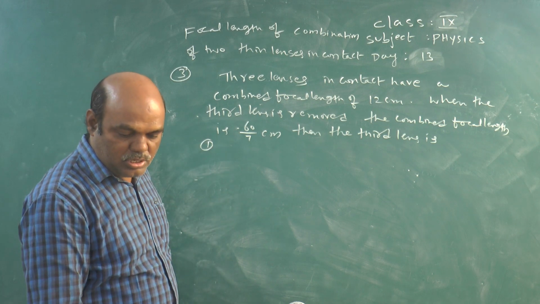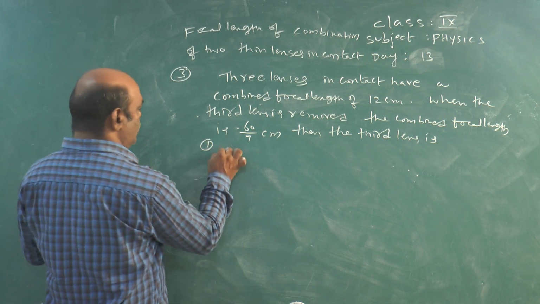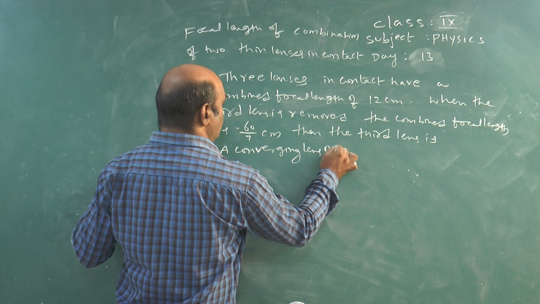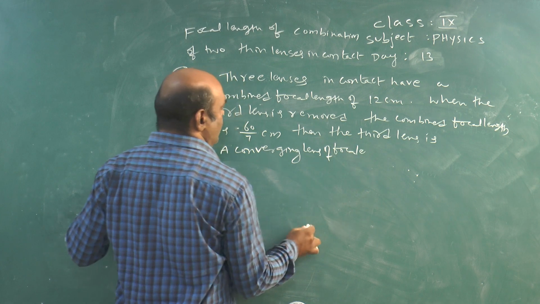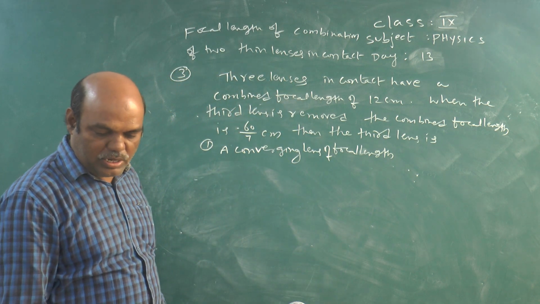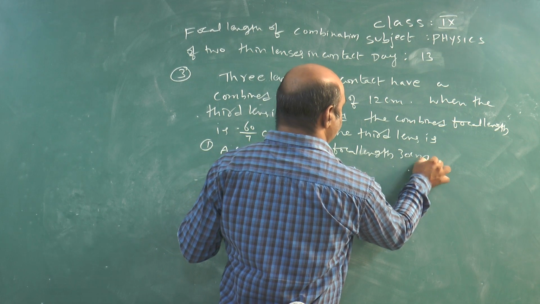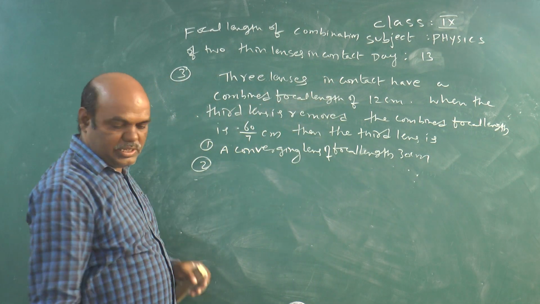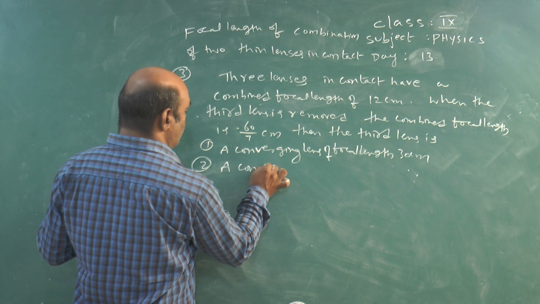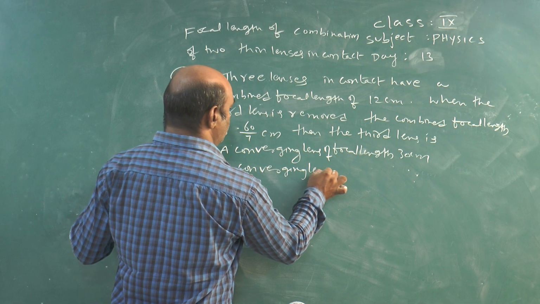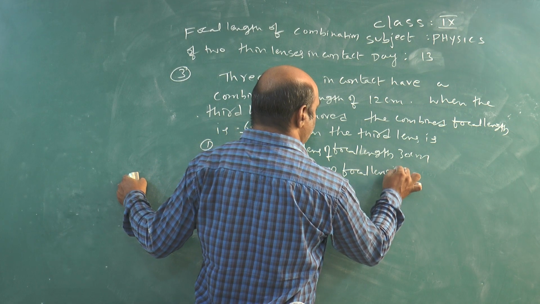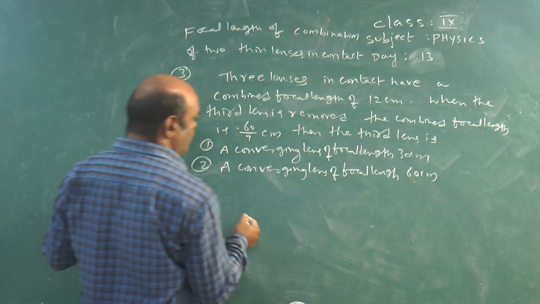first option, a converging lens of focal length 30 centimeter. Second option is a converging lens of focal length 60 centimeter.